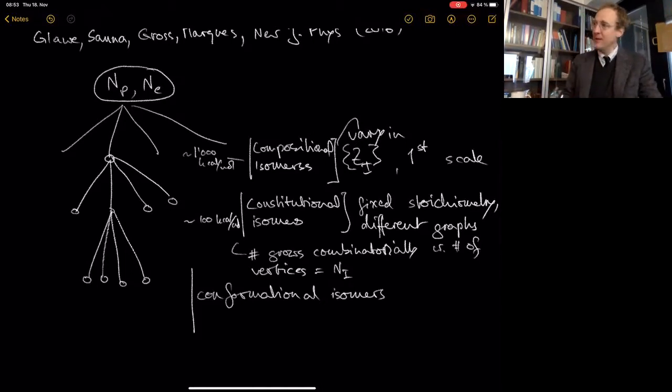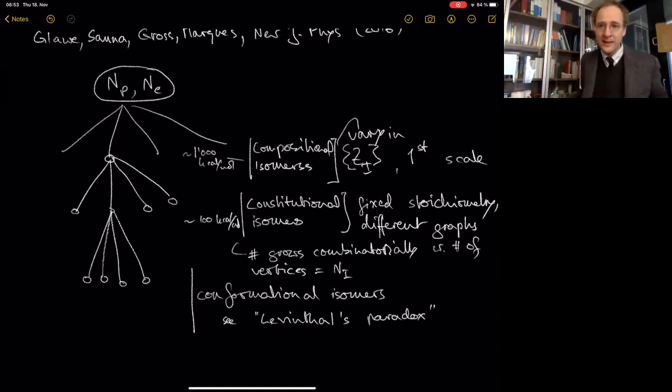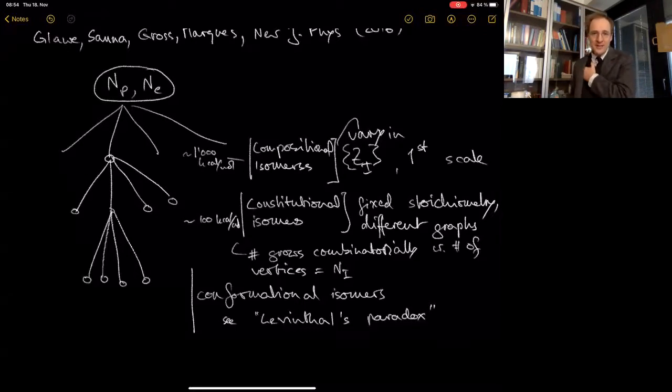And there's even something known as Levinthal's paradox, right? Which states that there are so many possible conformational minima that in the age of the universe, any given protein could not sample them all. So it's a miracle that we actually get our folded protein, which functions, right? So people have worked on this.